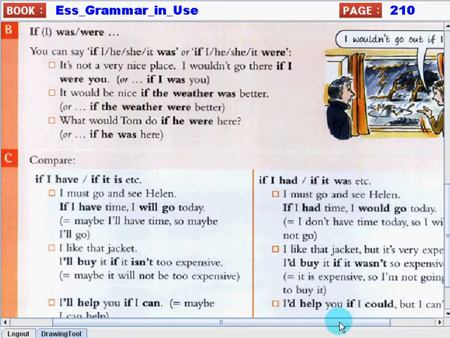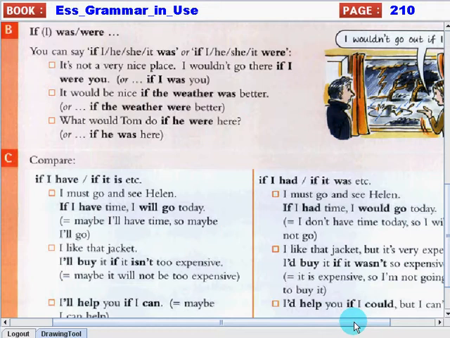It means we will turn our sentence into past form, if plus the past form of our verb, if we are talking about unreal situations that we know will never happen in the future, or will not happen in the present. We're showing that we're sure about it, so we used the past form of our verb. Okay?